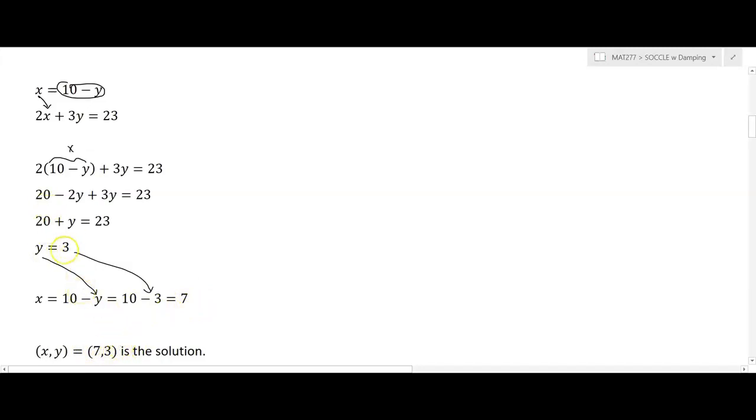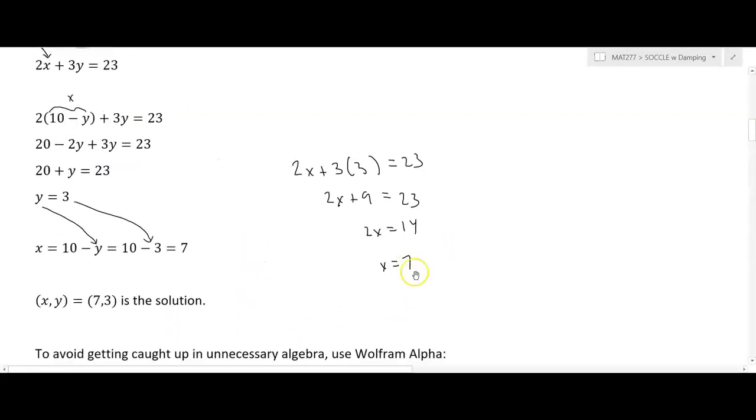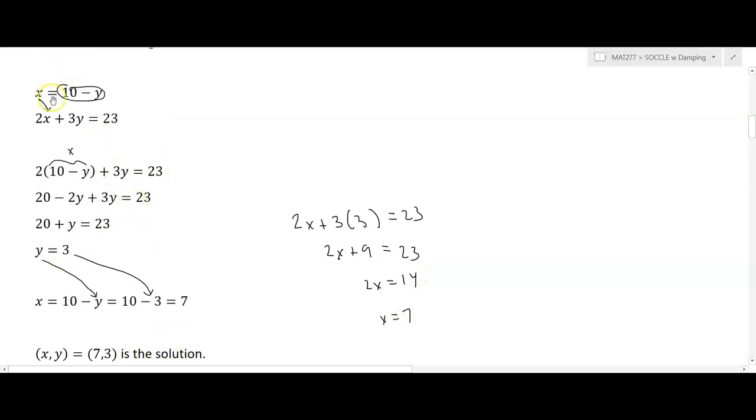If you had plugged y equals 3 into the other equation, 2 times x plus 3 times 3 equals 23, and solved for x, you would get exactly the same answer: 2x equals 14 and x equals 7. Once you find one of the values they share in common, the other value corresponds to it, so it's not important which one you plug it into.